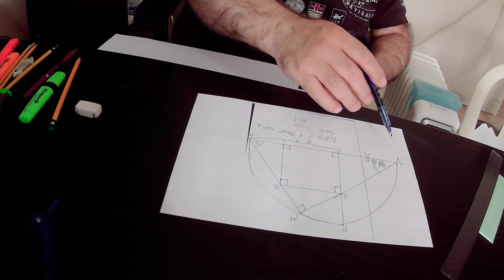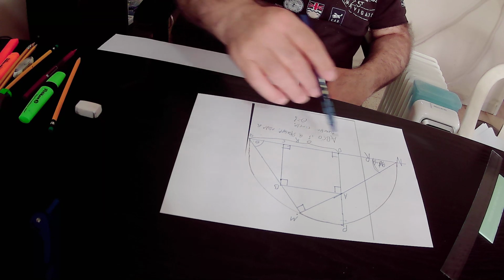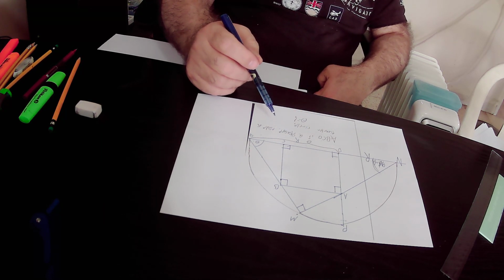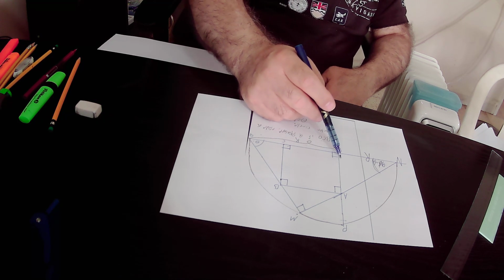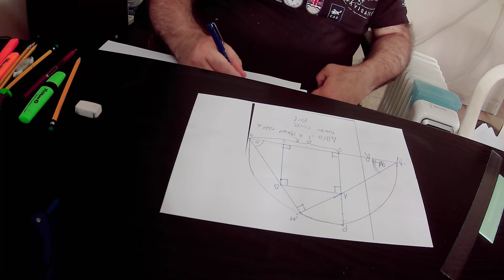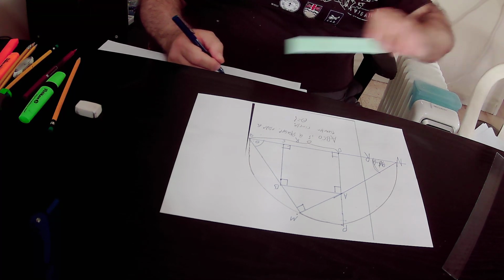So if we focus on the upper side of the straight line NQ at point O, the sum of the angles must be equal to 180 degrees according to rule number 2.